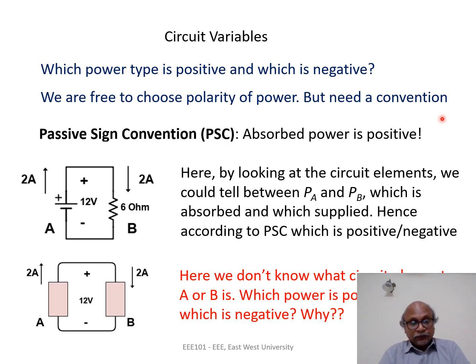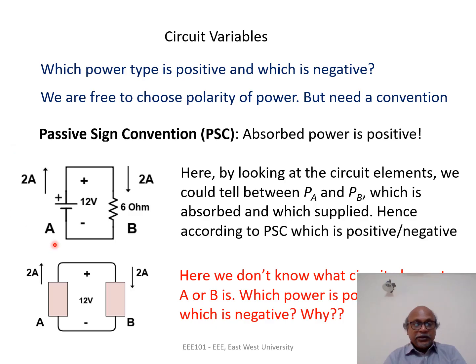We do not know. Now the question is, in this circuit, the bottom circuit, which power is absorbed or positive and which power is supplied or negative? By comparing with the upper circuit, we could tell that yes, PB here and PB here are the same, so PB is positive, and PA here and PA here are the same, so PA is negative.